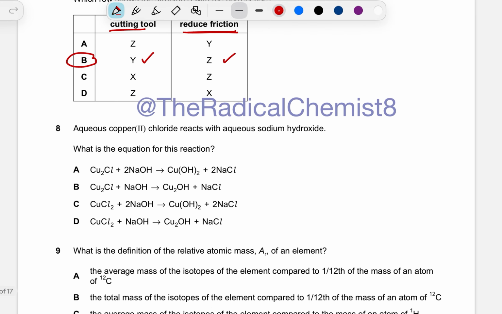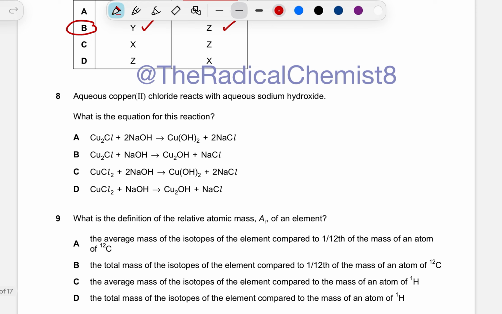Next, aqueous copper 2 chloride reacts with aqueous sodium hydroxide. What is the equation for this reaction? So first of all, copper 2 chloride, the 2 refers to the charge of the copper, the oxidation number of the copper, which is +2. Transition metals, remember, have variable oxidation states.